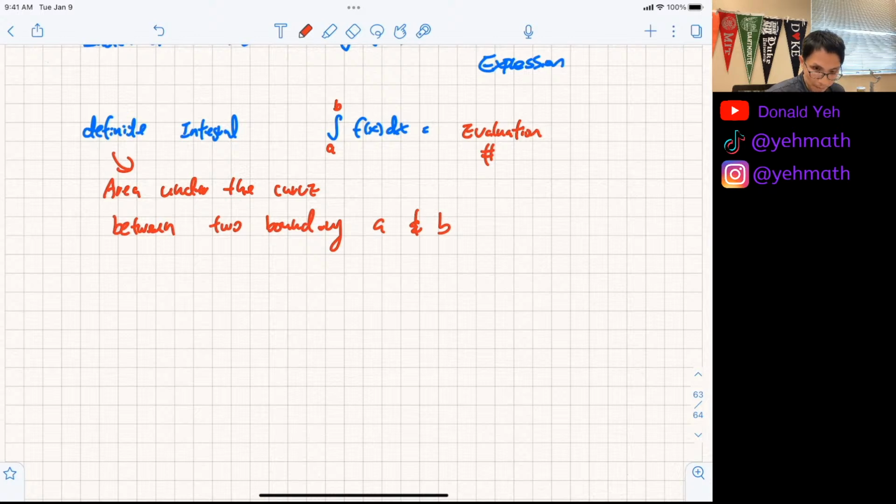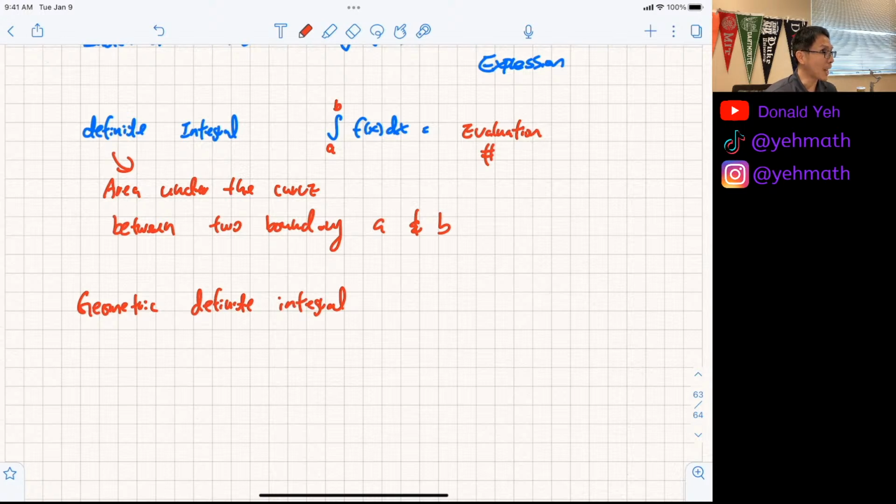Then we're going to talk about geometric definite integral. What do you mean by geometric? I don't want you to do arithmetic.